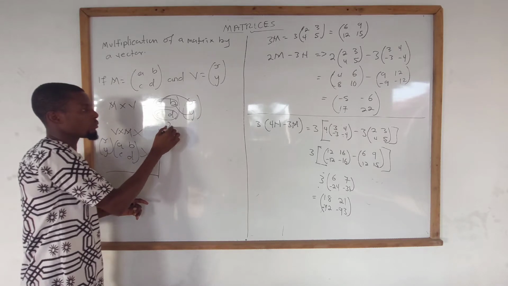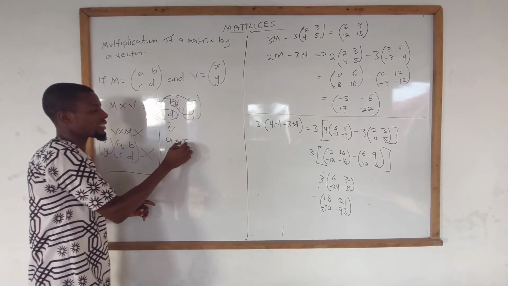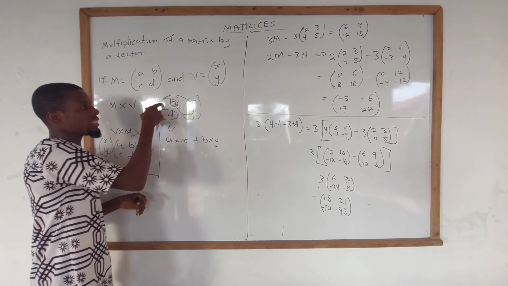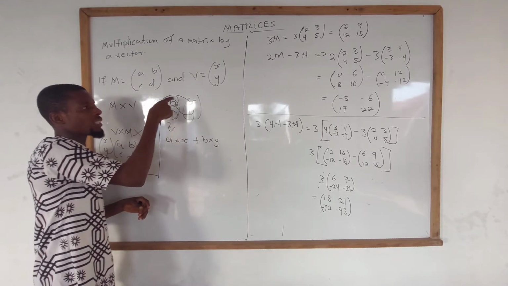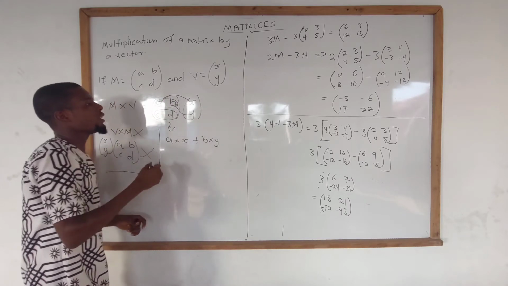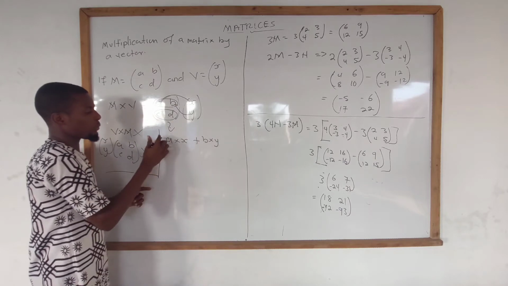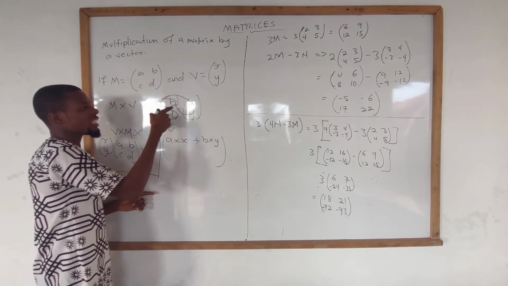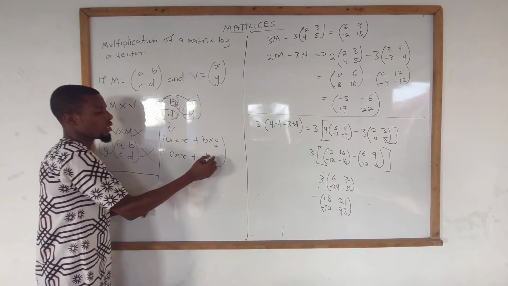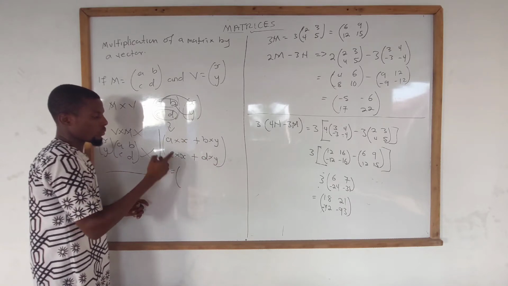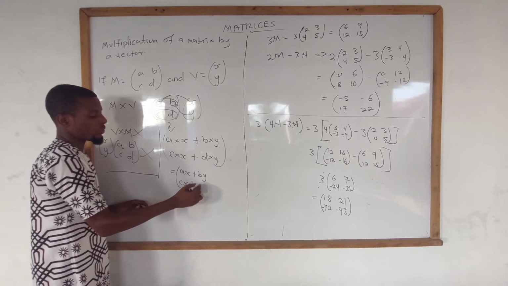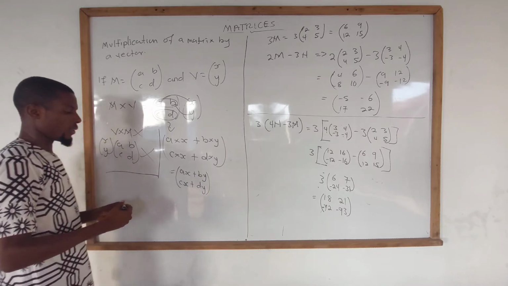So this is going to be A times X plus B times Y. Then we come down, and C times X plus D times Y. So at the end, this is going to give me AX plus BY, and then CX plus DY. Are you okay? Right.